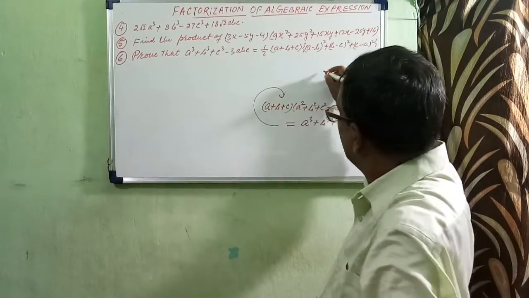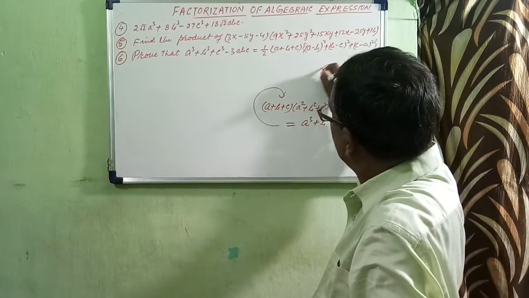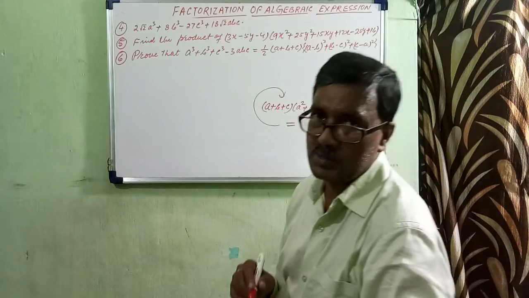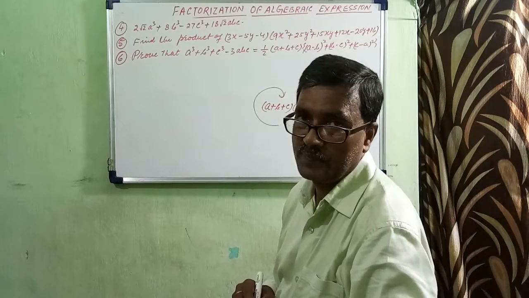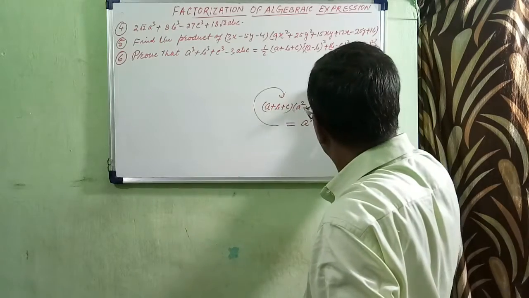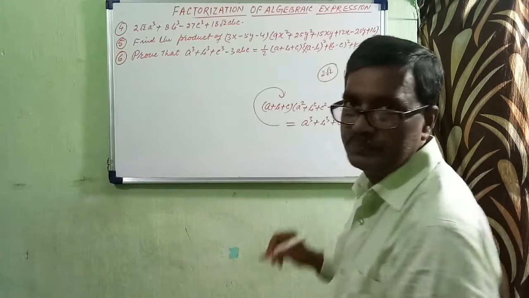Now first of all, 2 root 2. 2 root 2 is a cube of which number? Last class also I have discussed this question. It is root 2 whole cube.